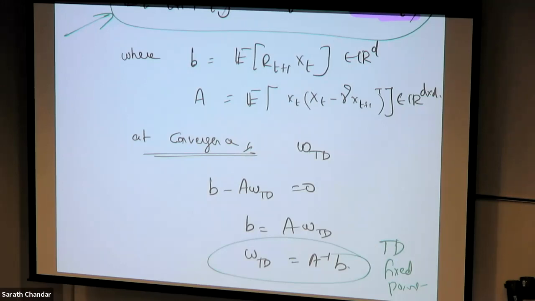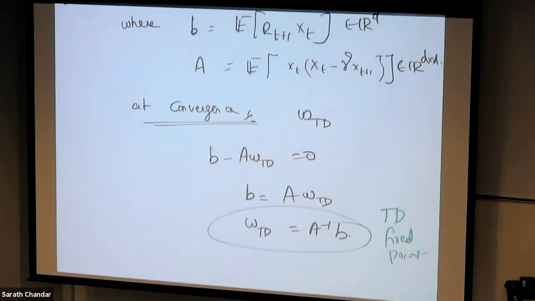Now, this solution is actually different from the solution that you will get for gradient Monte Carlo, or the solution that you would get for the true value error. Then the obvious next question is, how bad is this solution, right? Because we care about minimizing VE bar. This is a different solution. How close is this to the true solution?